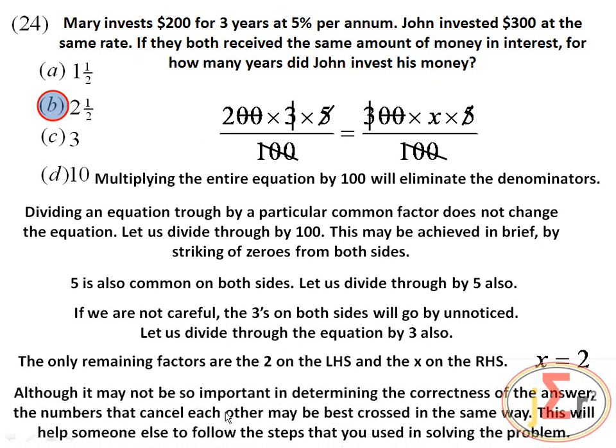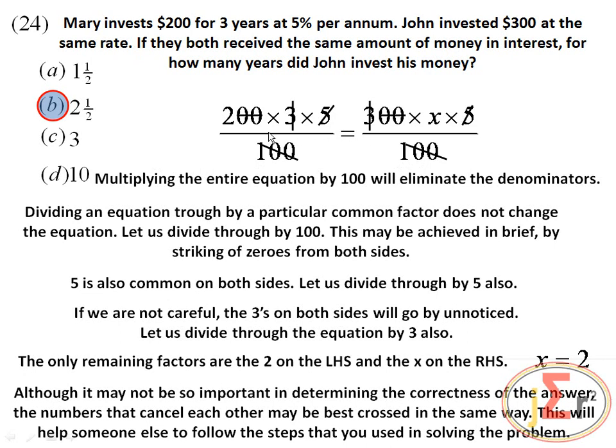Although it may not be so important in determining the correctness of the answer, the numbers that cancel each other may be best crossed in the same way. This will help someone else to follow the steps that you use in solving the problem. It is not necessary because this is multiple choice. No one is too careful about the way that we solve the problem as long as we arrive at the correct answer.